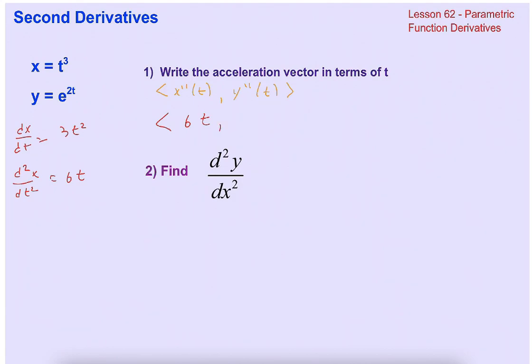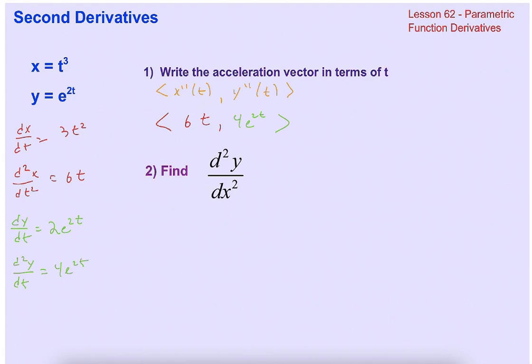Similarly, the second derivative of y with respect to t would start by taking dy/dt, which is 2e to the 2t. Remember to bring down that coefficient because of the chain rule. And so the second derivative would be 4e to the 2t. And that is my acceleration vector.